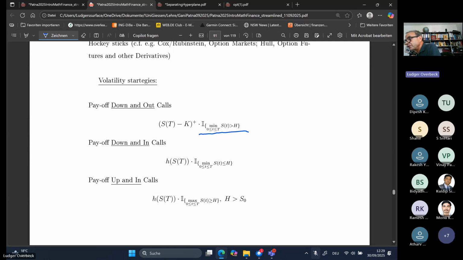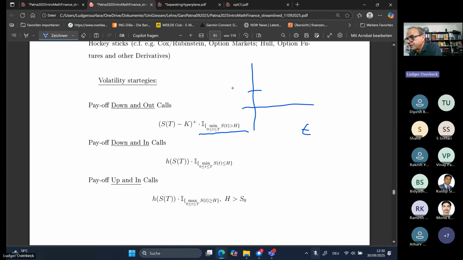Basically, that's cheaper for you than without this restriction, because the bank just doesn't pay if in between the asset value has fallen. You have this level H, that's now time here.